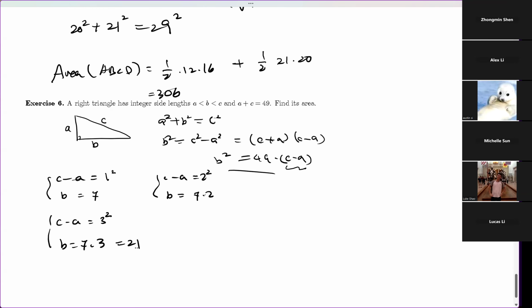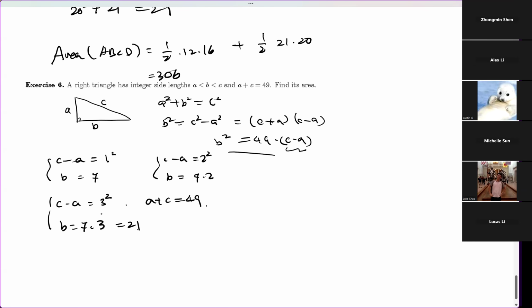So from here, you can find a and c because you only determine the value of b, right? And you already know a plus c is 49. So let's just take a look at the last one.